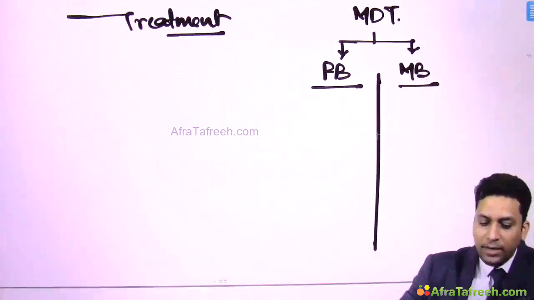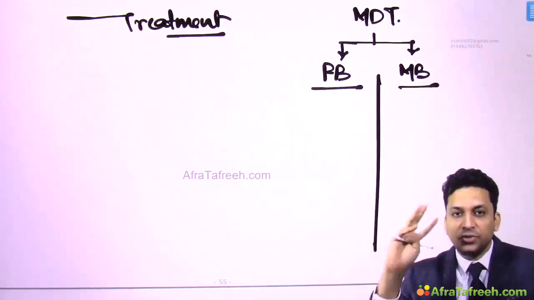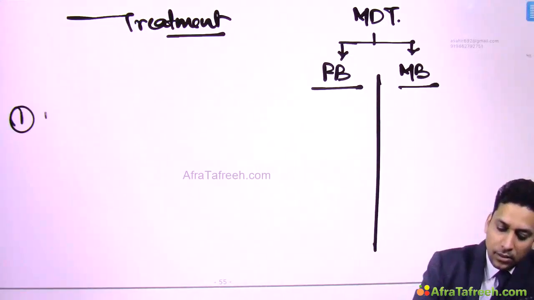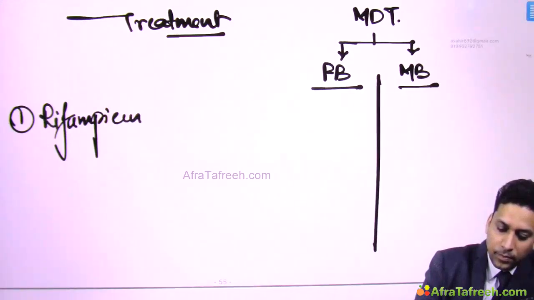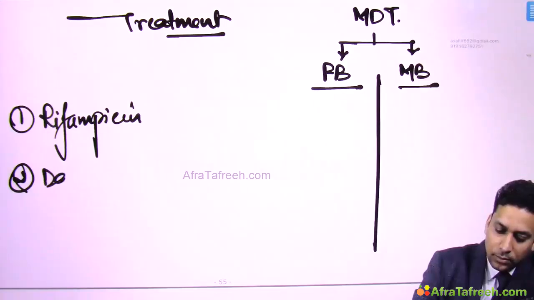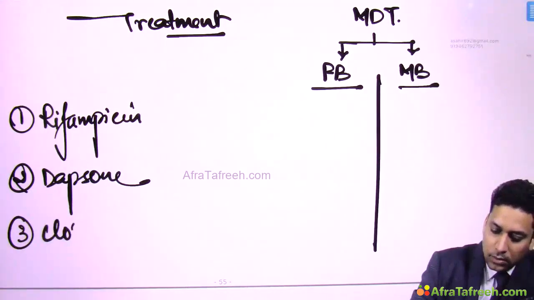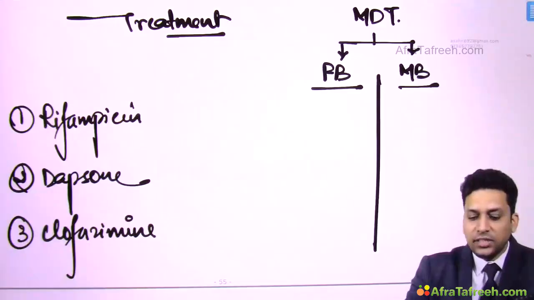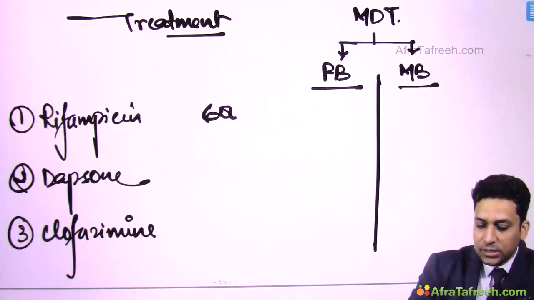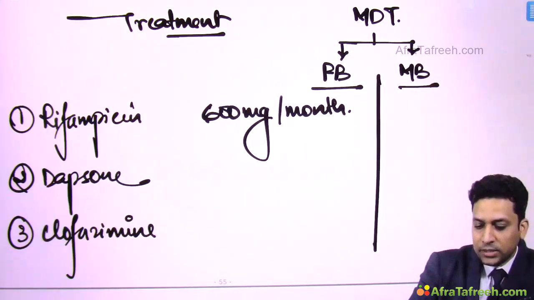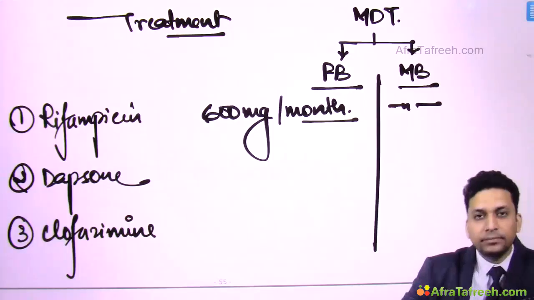Now in MDT, that is multi-drug treatment, we give 3 drugs, that is rifampicin, dapsone, clofazimine. The doses of these drugs are: rifampicin is given 600 mg once a month supervised, same in MB.